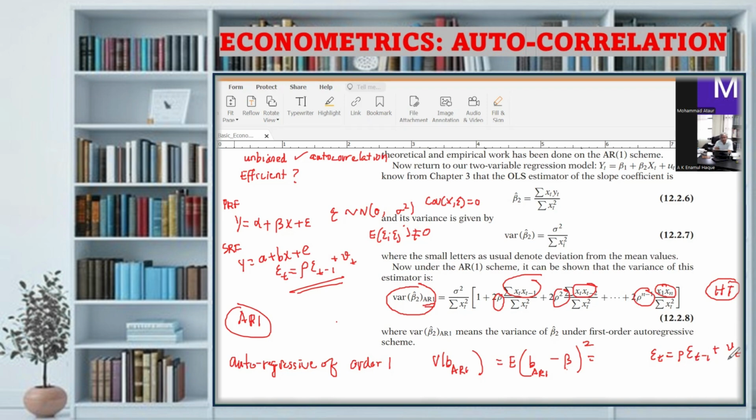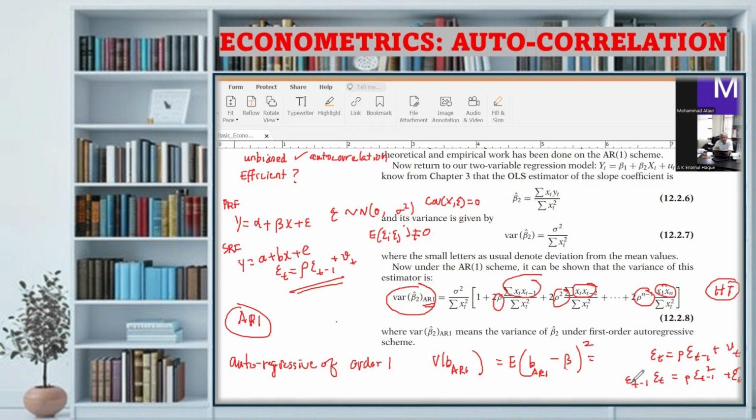So if I now multiply this with epsilon t minus 1, epsilon t will be equivalent to rho epsilon t minus 1 whole square plus epsilon t minus 1 into nu t.